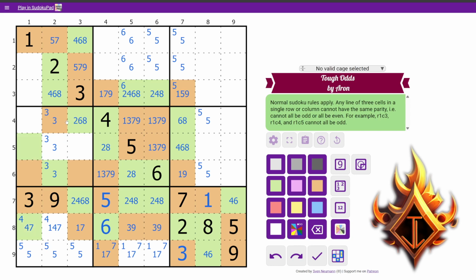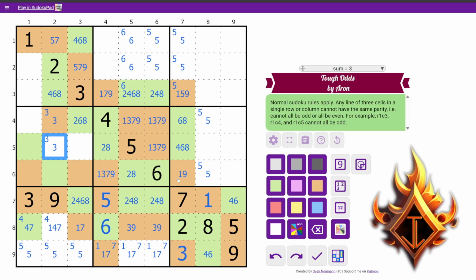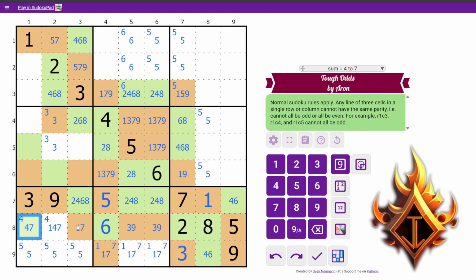And now I could be stuck again a while. But 3 is not even. Orangey. 7 is not even.